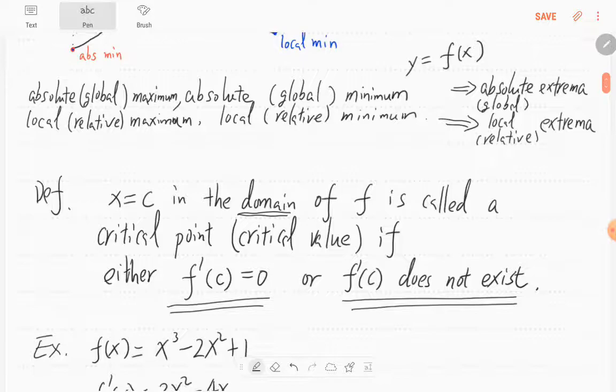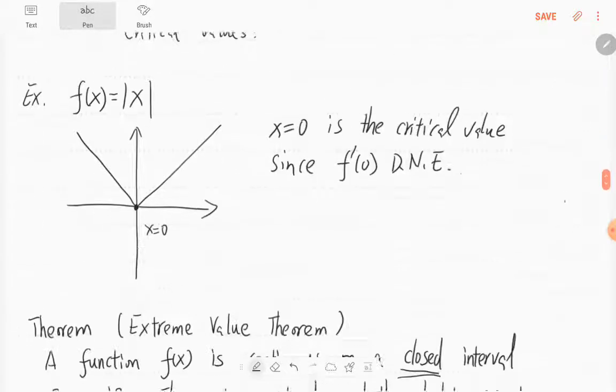To find the local extrema, let's look at this observation. Where does a local extremum happen?